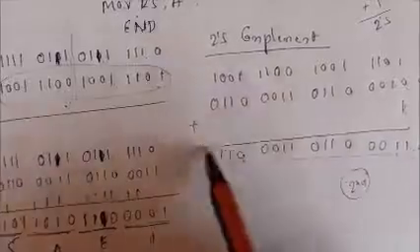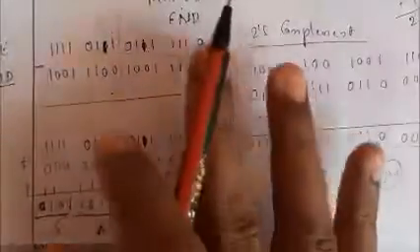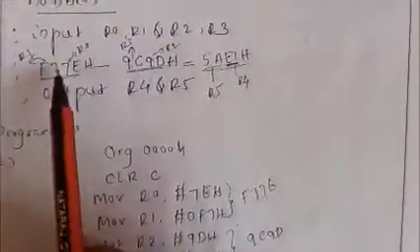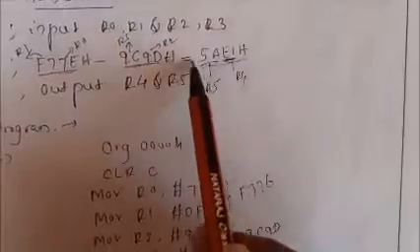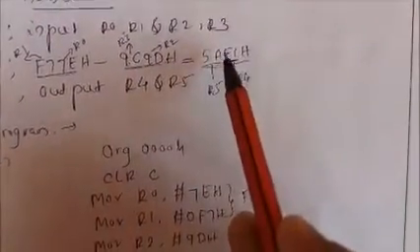This one you add with your first number, and by adding you will get 5AE1. This is the same as the result above. You can check it in your calculator by typing the hexadecimal numbers. If anybody asks you to show the results at the binary level, you should do the calculation like this. This is the real calculation.